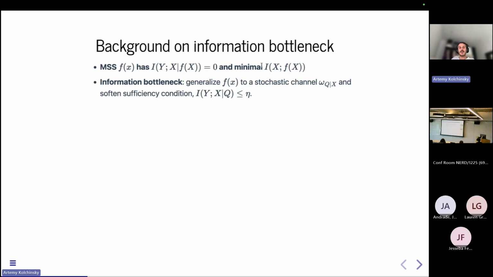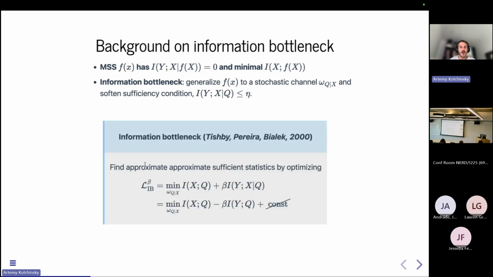And if we write the Lagrangian for this constrained optimization problem of minimizing the mutual information under some constraint on the conditional mutual information, we get this expression. And we can use a standard information theoretic identity to rewrite it as this very nice objective.